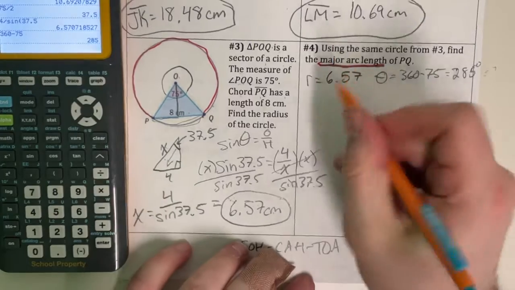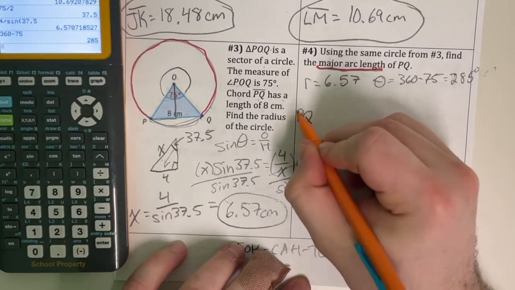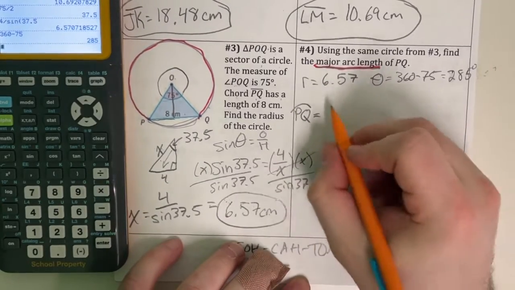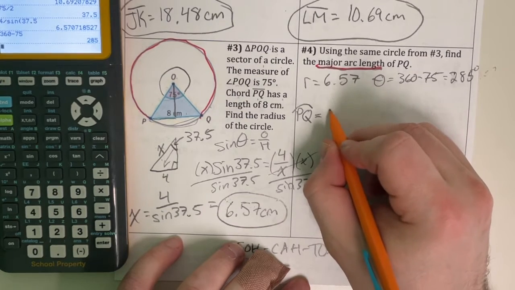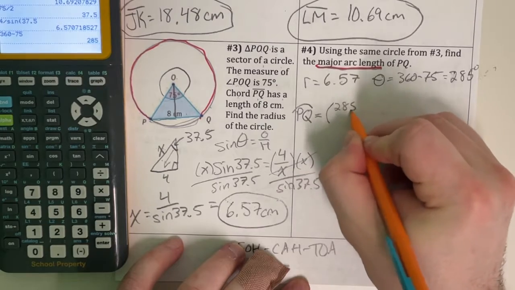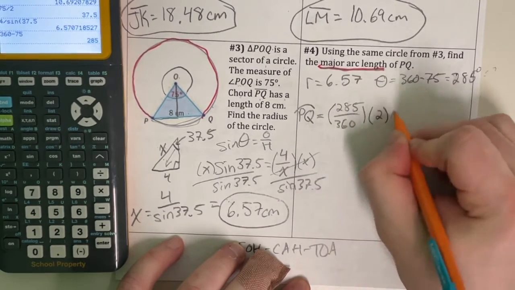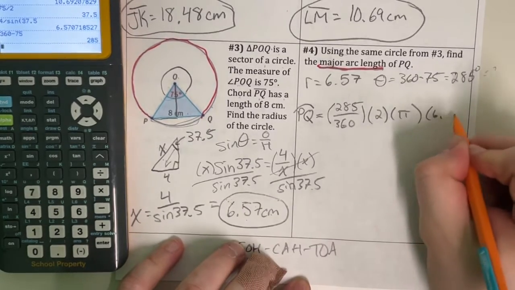So I have my arc length PQ, that curved part, is going to be as follows. It has our angle amount, which is 285 over 360, and then times 2 times pi times our radius, which is that 6.57.